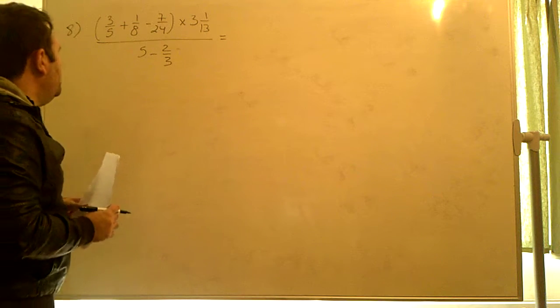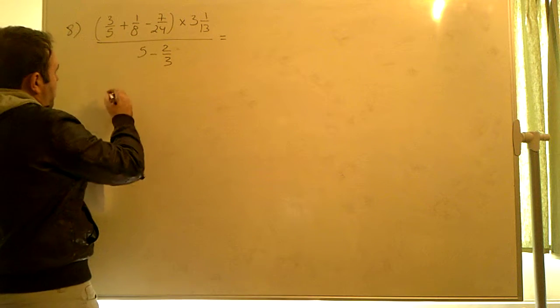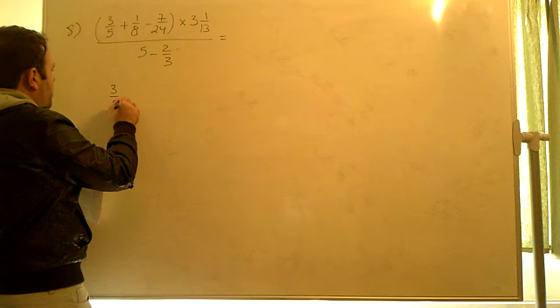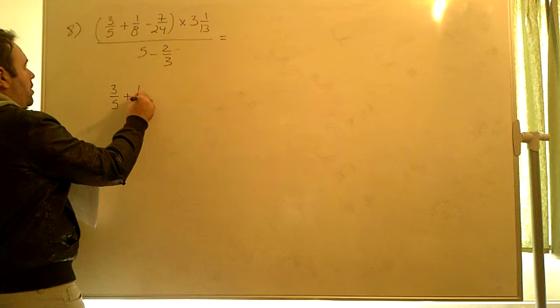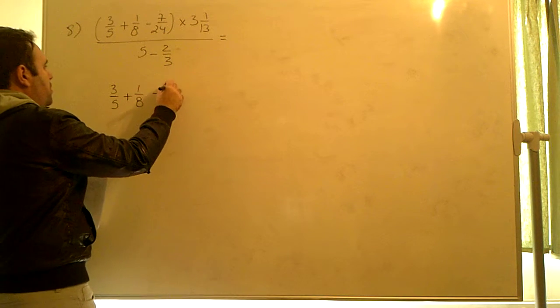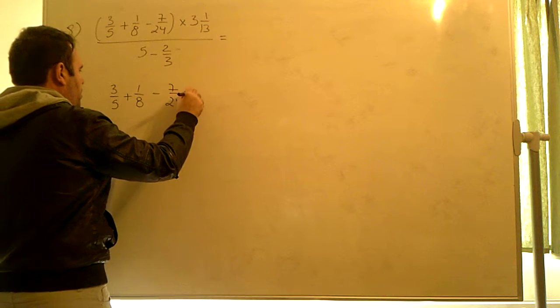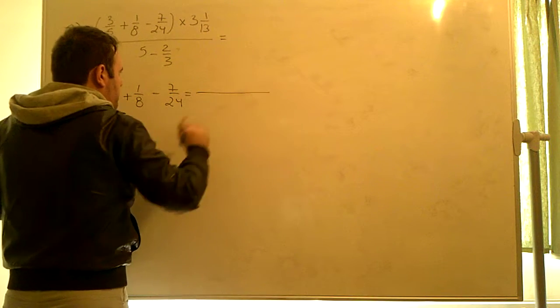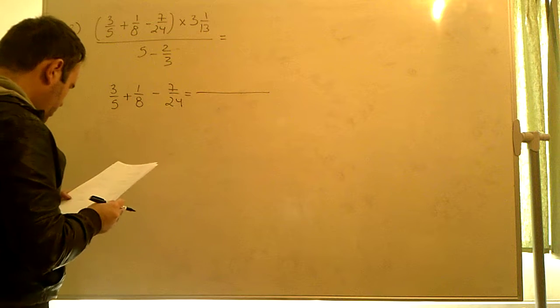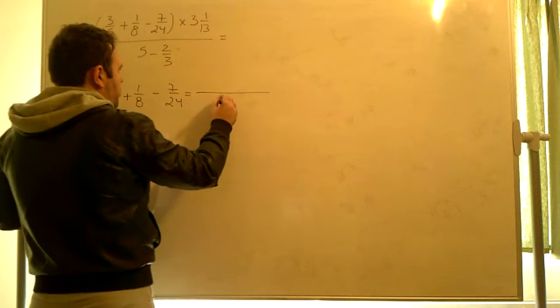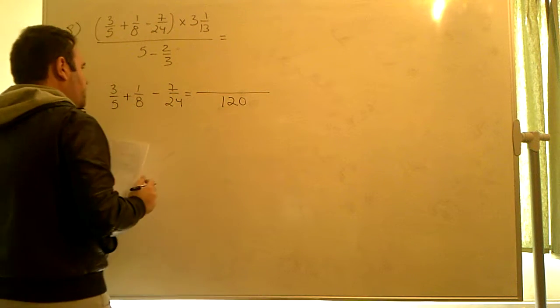So first we are going to deal with the first factor, which would be 3/5 plus 1/8 minus 7/24. So in this case, the least common multiple would be 120.